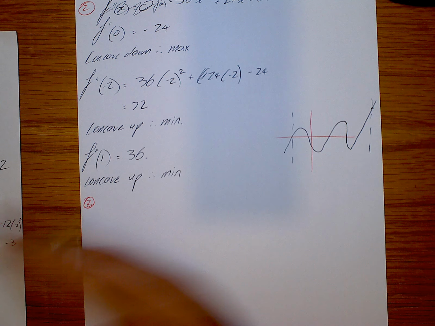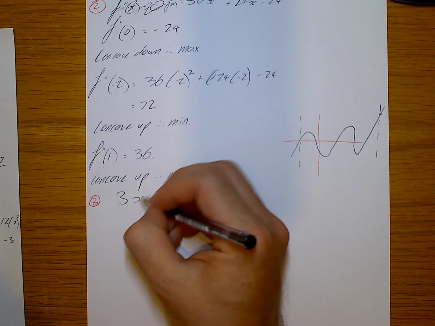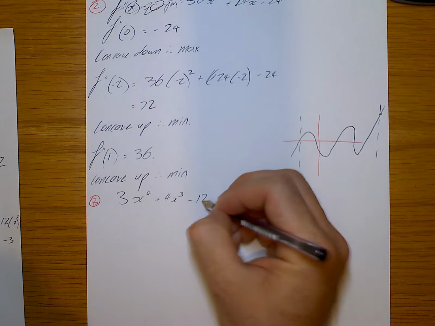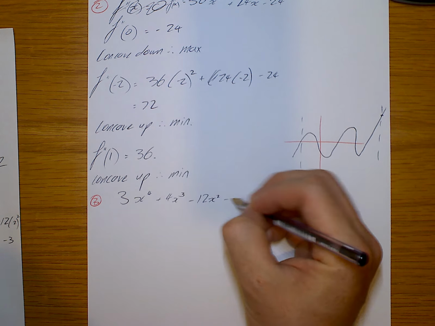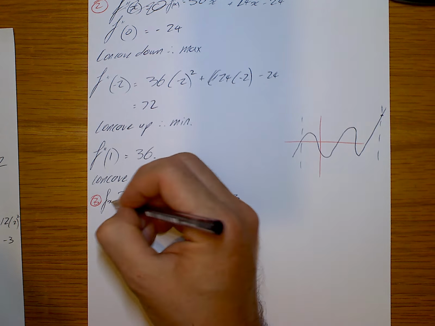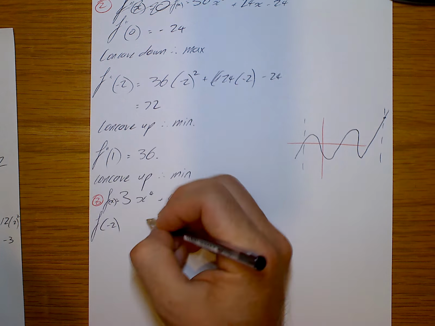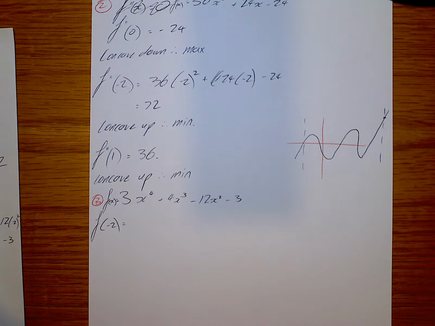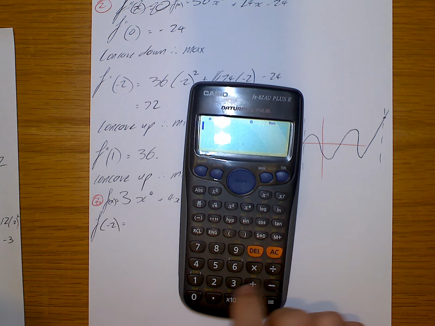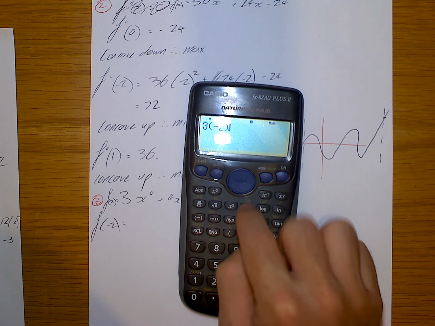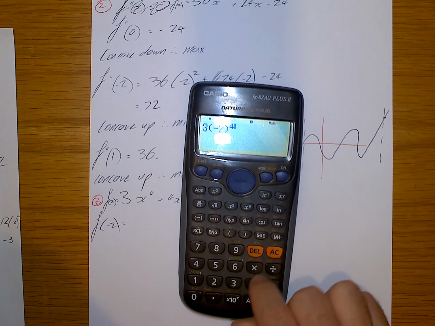So let's find that. Our original function, just to recall, is this. Okay, let's put in f of -2, because that was one of them. 3 times -2 to the power of 4.